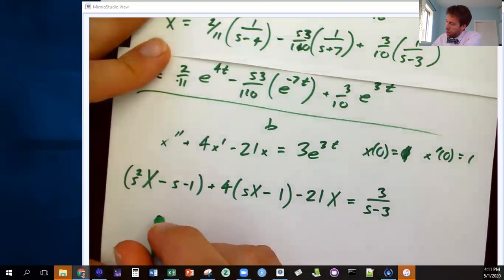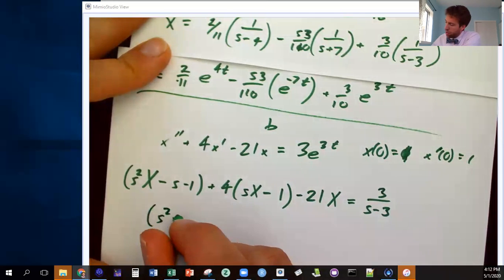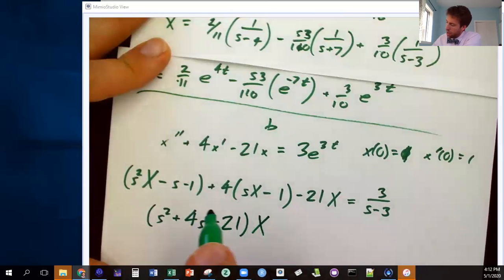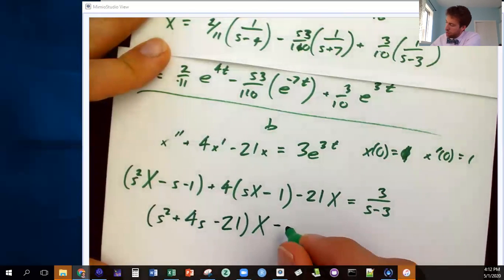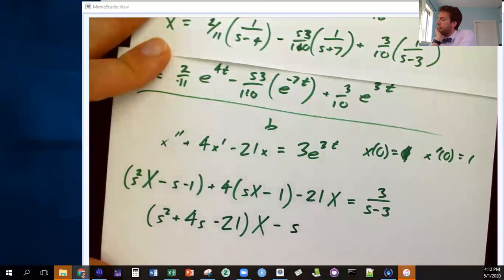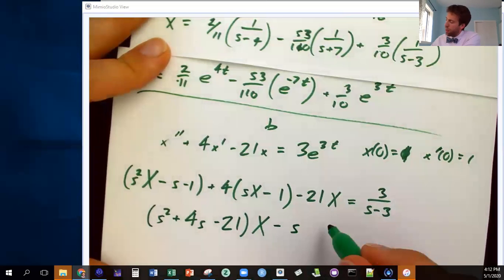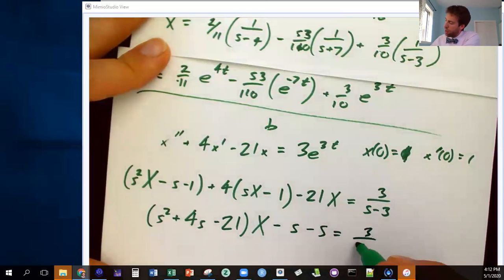So we've got s squared plus 4s minus 21 times big X, and then also I've got a minus s, and I've got a minus 1, and minus 4 is minus 5, equals 3 over s minus 3.